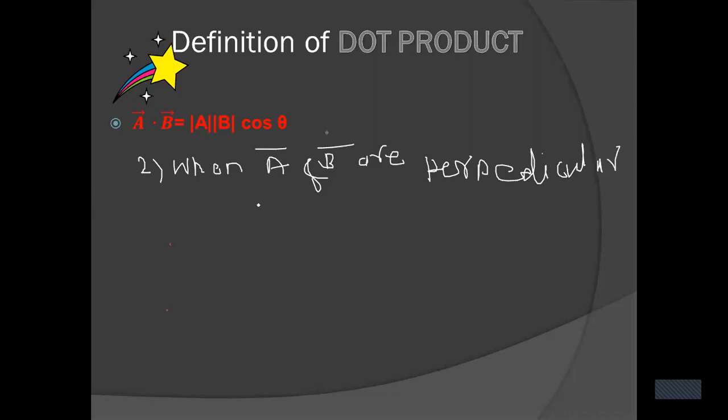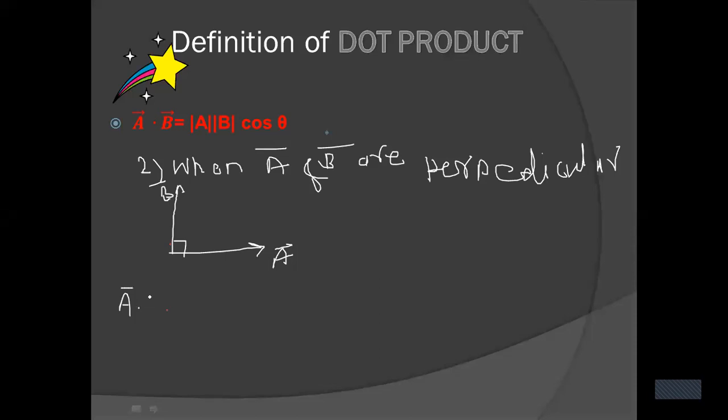Here again consider this vector A bar, then vector B bar is perpendicular with vector A bar. So the angle between them is equal to 90 degrees. Now tell me what will be the cos theta.